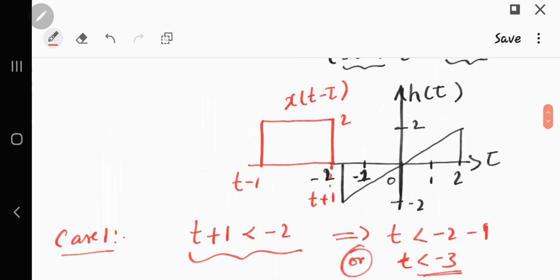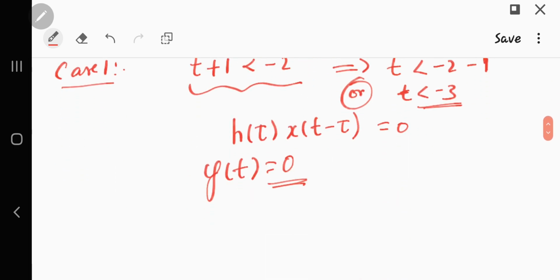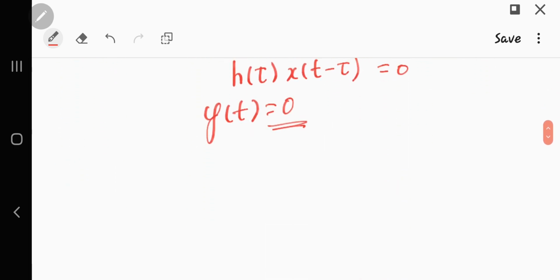Okay. So next case, I will move this t plus 1 and keep it somewhere in between minus 2 and minus 1, and let's see what happens. Okay. So let's take case 2.